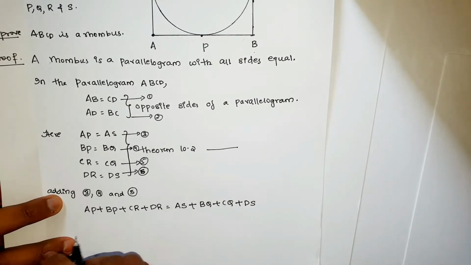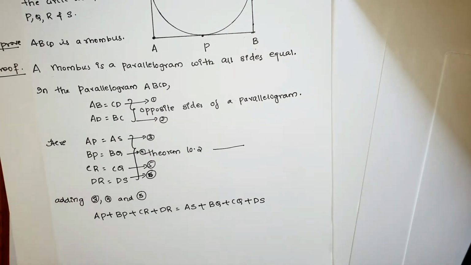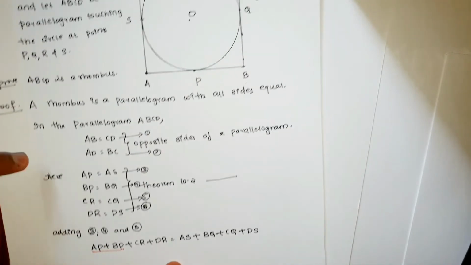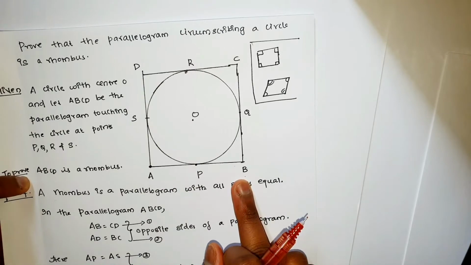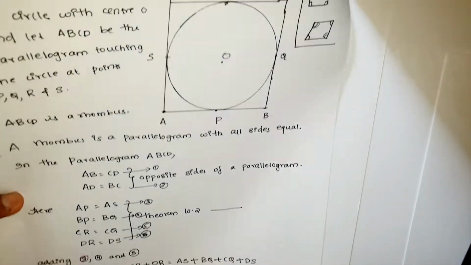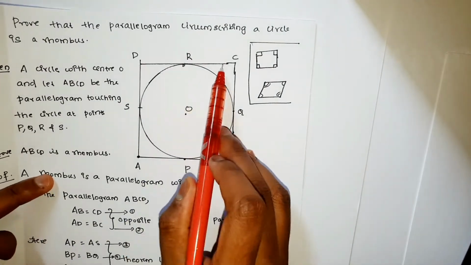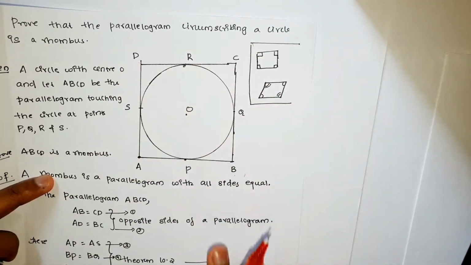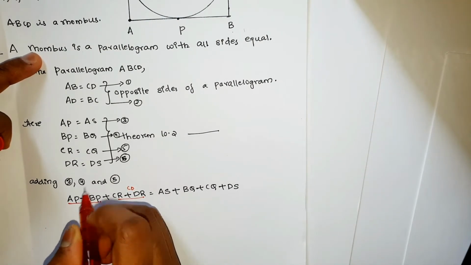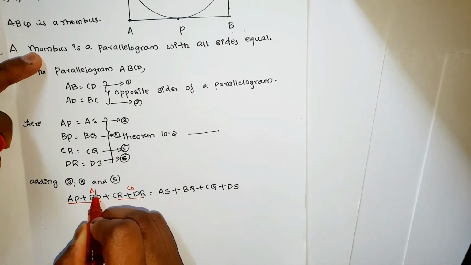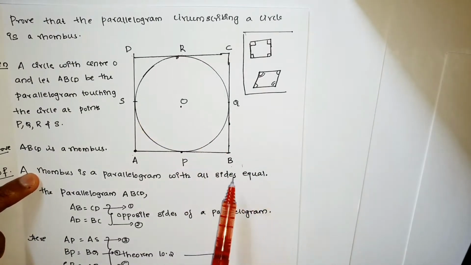Okay, so next we can arrange the terms. So we know AP plus BP is AB. So we can write AB here. And next is CR plus DR, that is equal to CD.